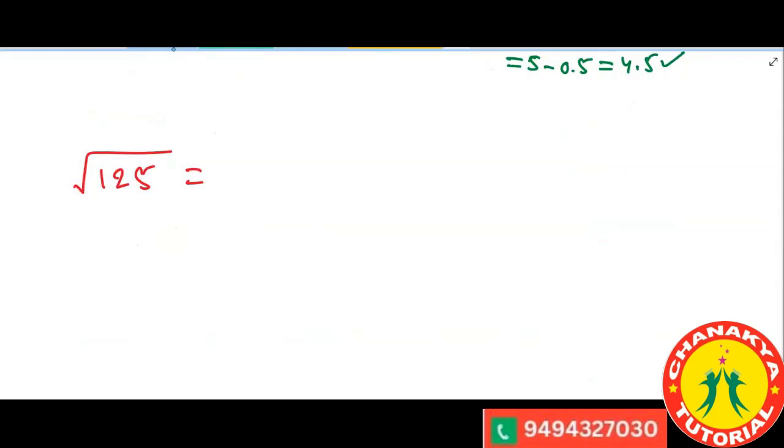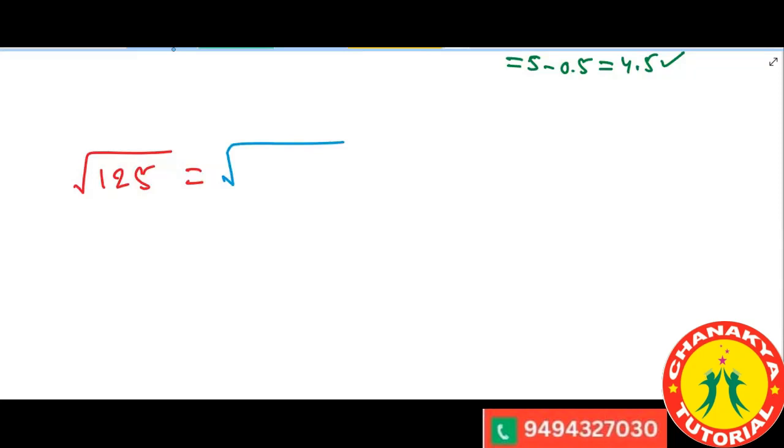Sir, it is between 11 square and 12 square. Yes, 11 square is 121 and 12 square is 144. So it is nearest to which number? Sir, it is nearest to 11 square, which is 121. Okay, now how to represent 125? Sir, 125 minus 121. No.